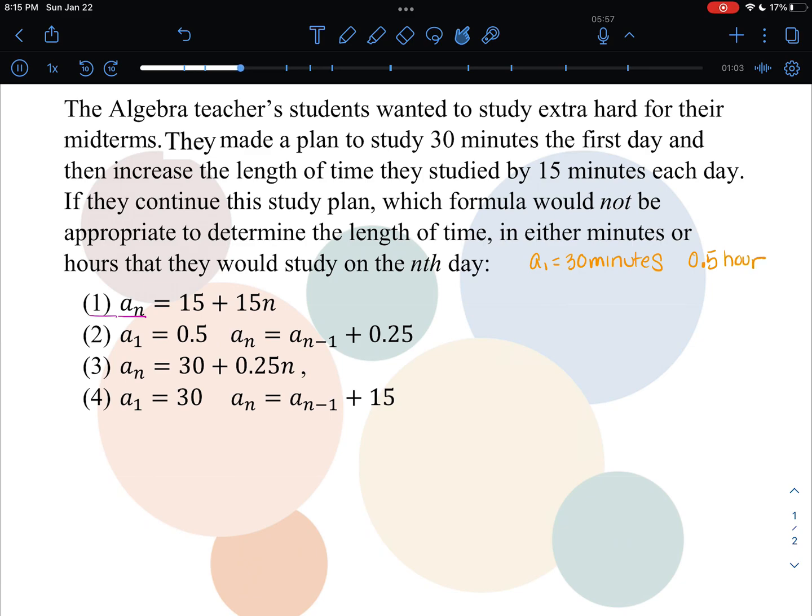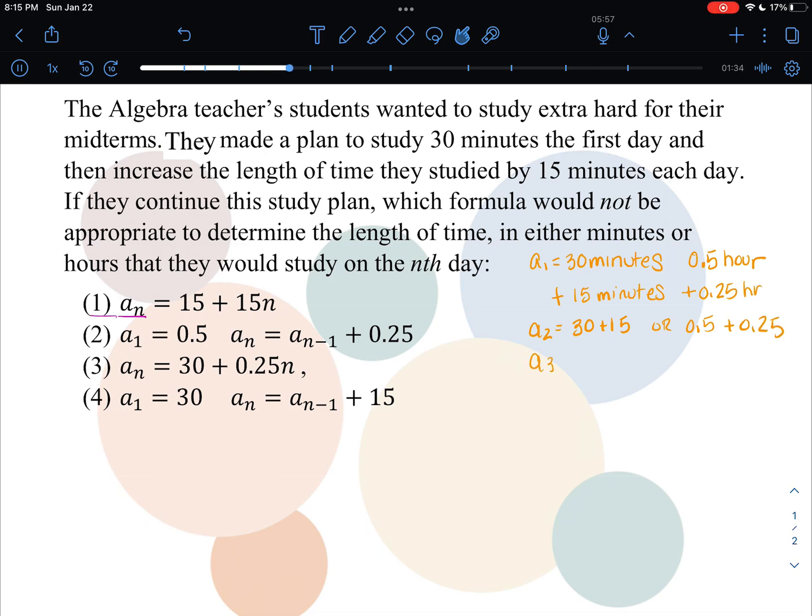And then every day they're going to add 15 minutes, or another way to say that would be adding 0.25 of an hour every day. So on day 2, we have the 30 plus the 15, or we have 0.5 plus the 0.25.